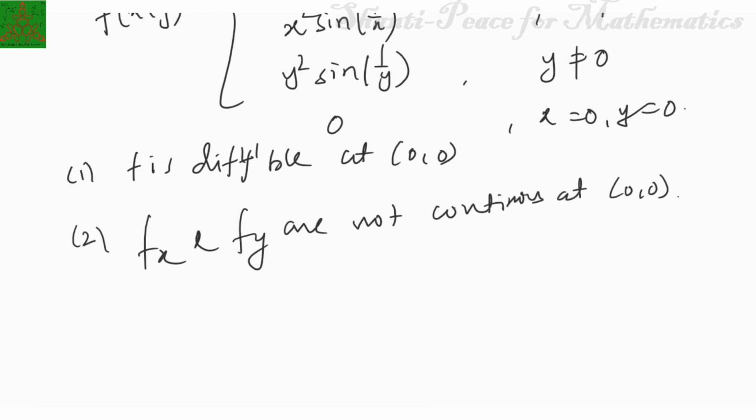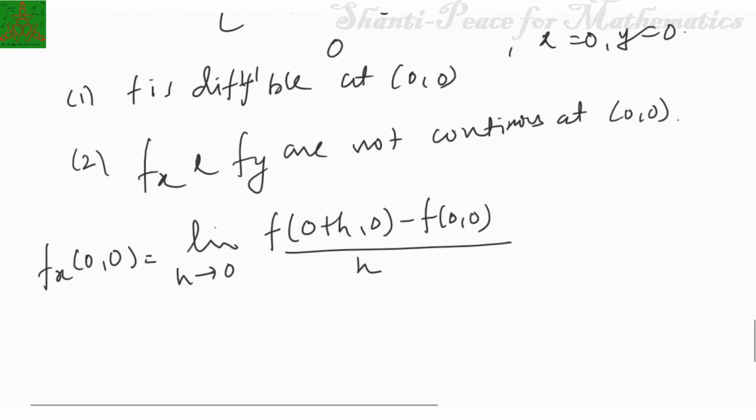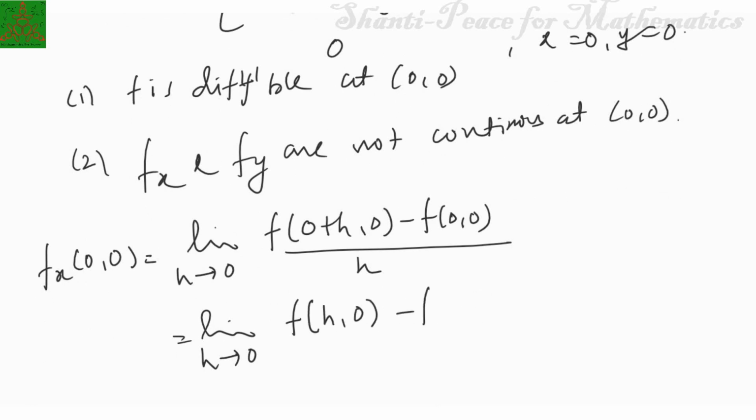So let us calculate what fx at (0,0) is first. As per the definition of fx, limit h tends to 0 of f(0+h, 0) - f(0,0) upon h. So this is limit h tends to 0 of f(h,0) - f(0,0) upon h.